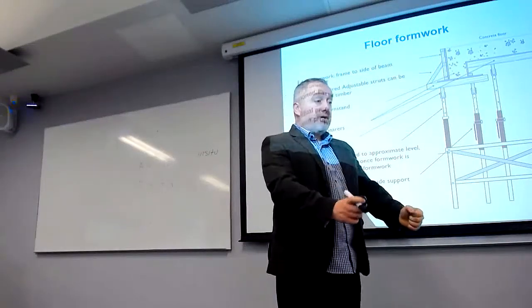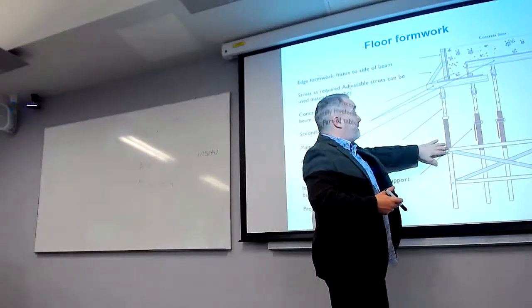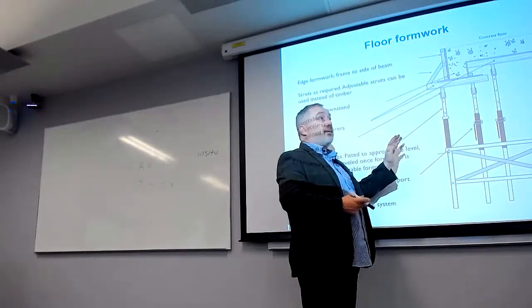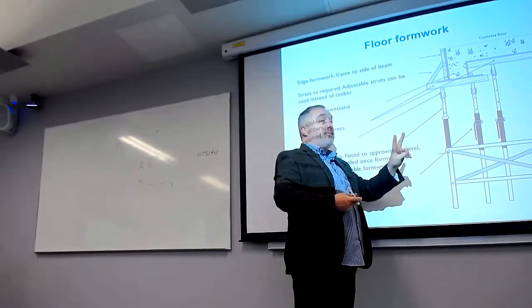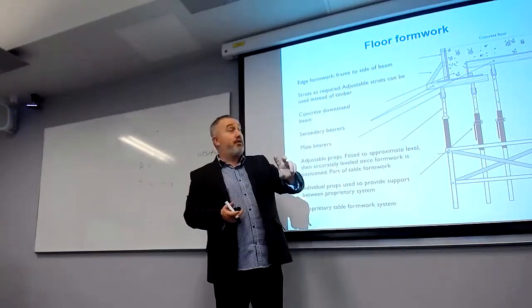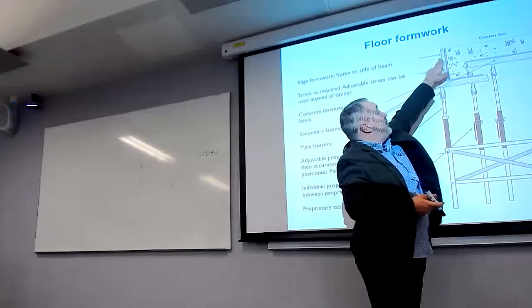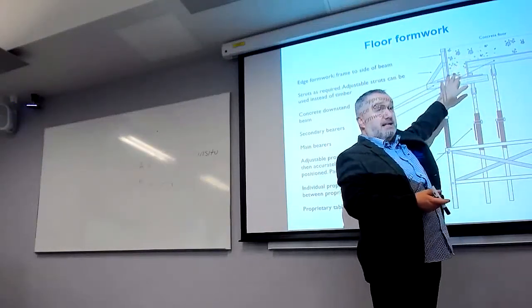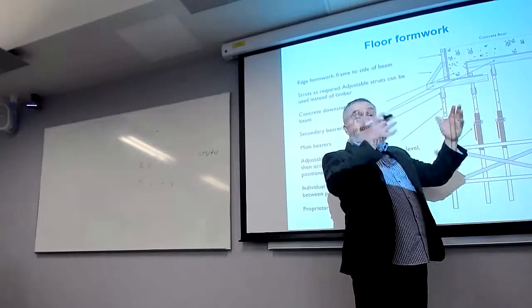What we would have to do is put up our scaffolding, and you've got two different terms: false work and formwork. The formwork is the material that the concrete is cast against to form its shape.